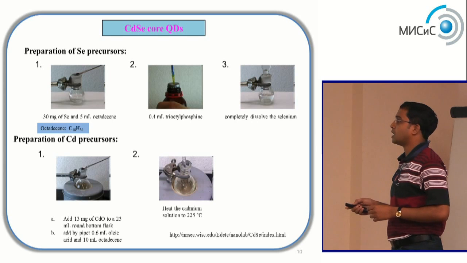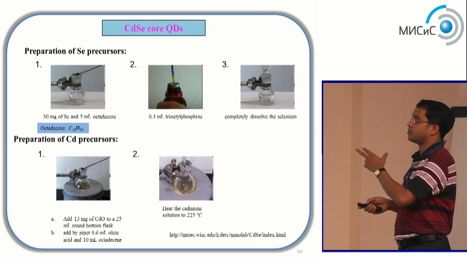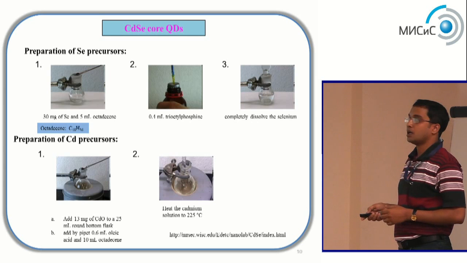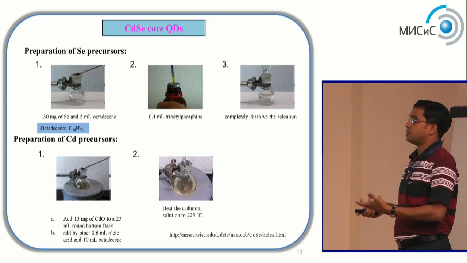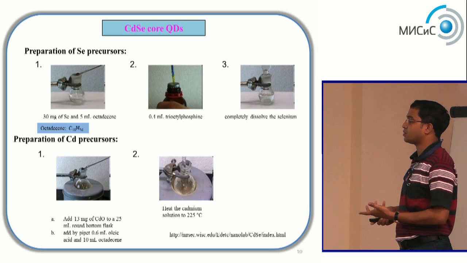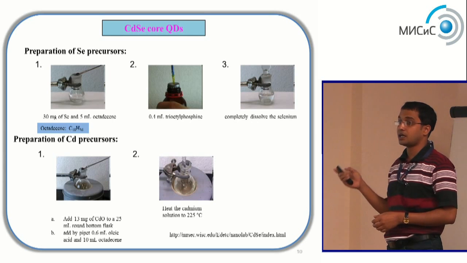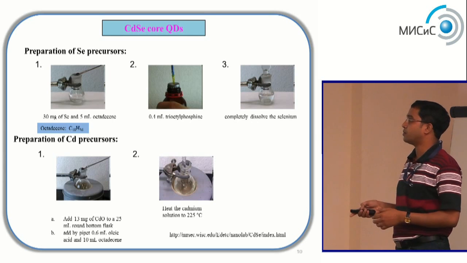And after this, TOP, not TOPO, it's just TOP, trioctylphosphine, and dissolved in selenide. And then after the preparation of cadmium precursor, we just need a temperature like 225 degrees Celsius rather than 350. So it's quite below.